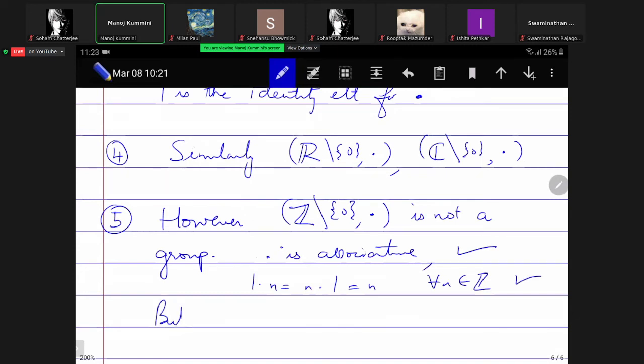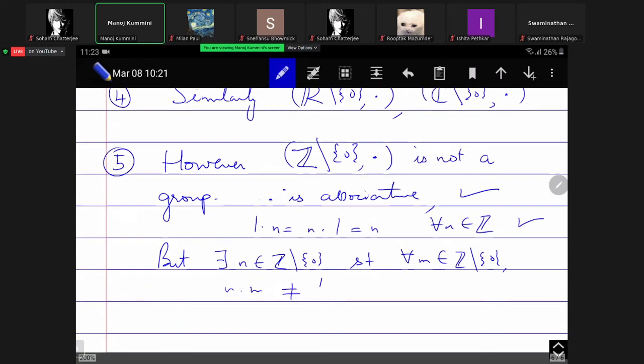But there exists n in Z, but not 0 in this set, such that for all m in that set, n times m is not equal to 1. Okay. That is, no inverse.